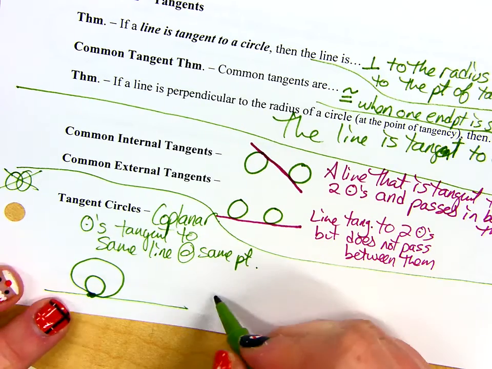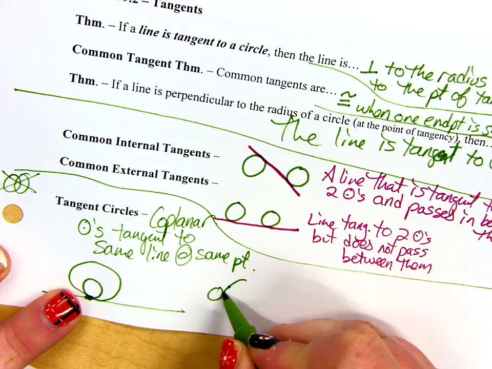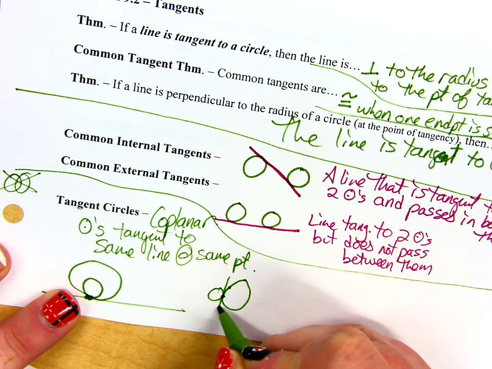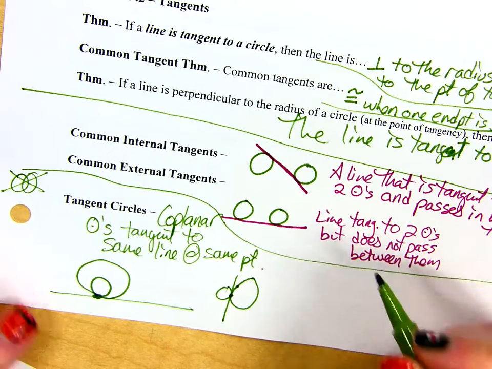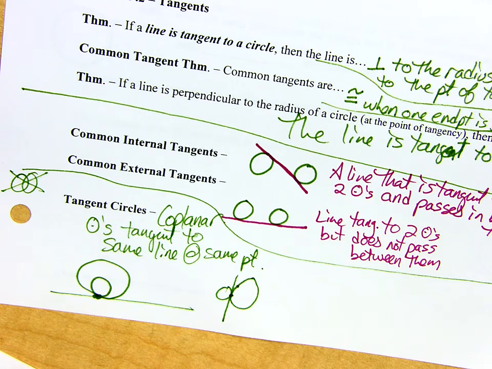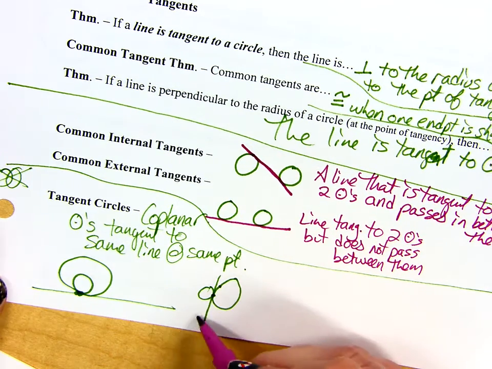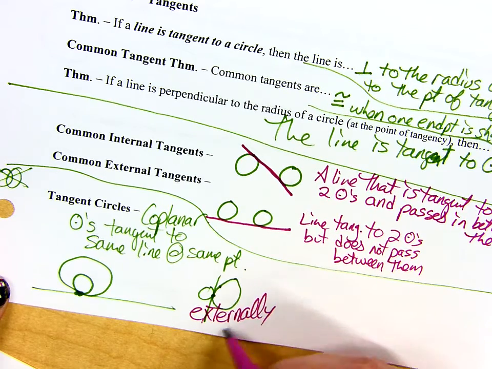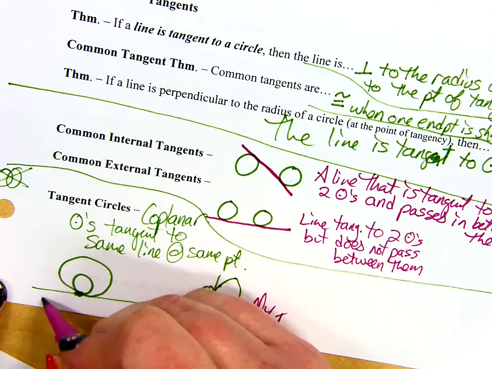Or I could have ones that look kind of like this, that just hit right there. And then here's the line that they share, that tangent line. These are referred to as externally tangent. And these would be internally tangent.